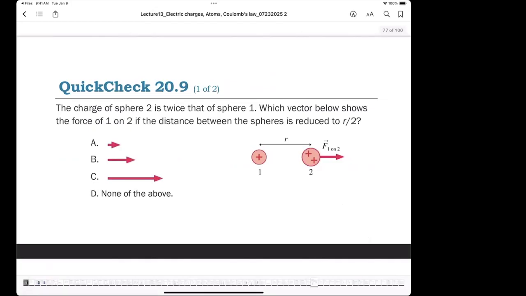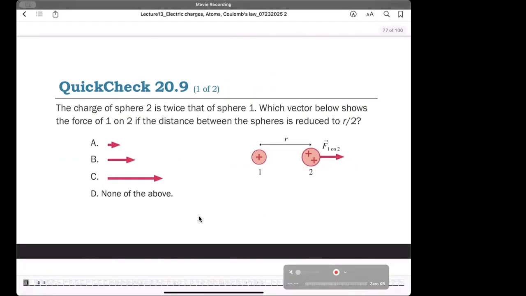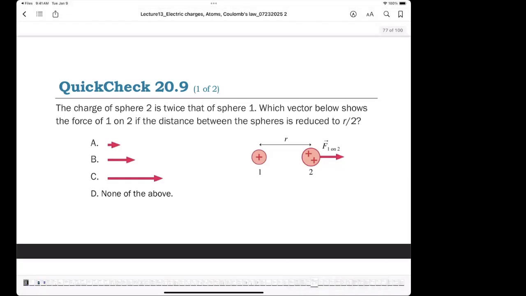Let's check the other one. The charge of sphere 2 is twice that of sphere 1. Which vector below shows the force of 1 on 2 if the distance between the spheres is reduced to r divided by 2?